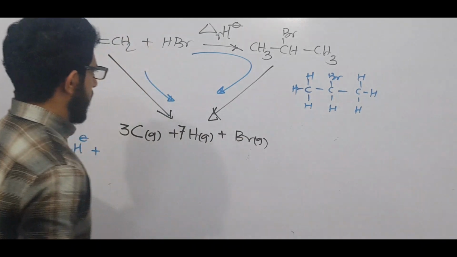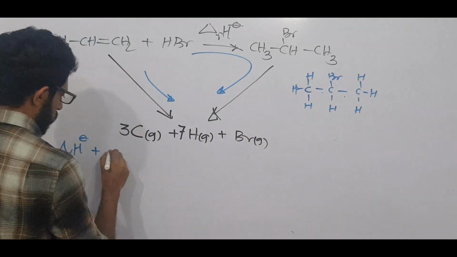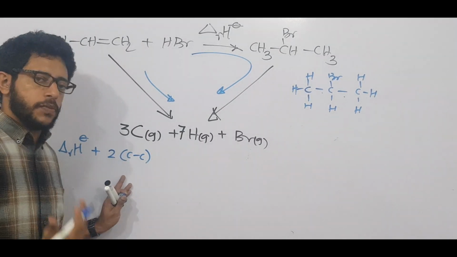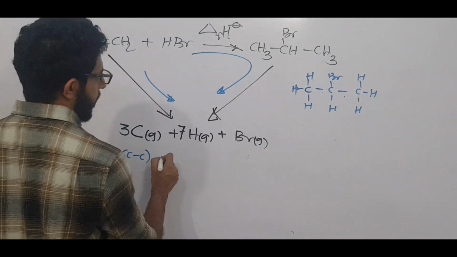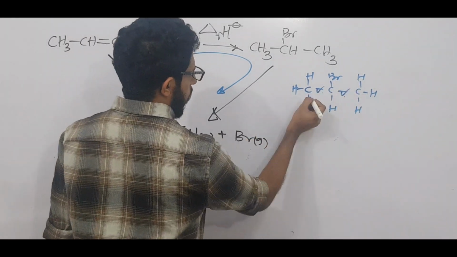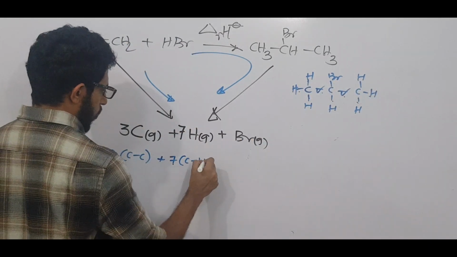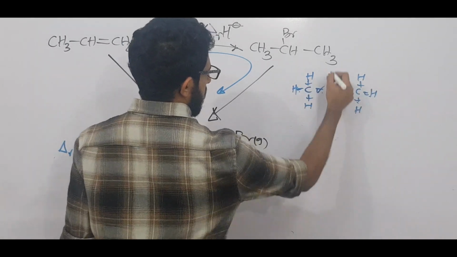What are the bonds? We have 2 C-C bonds, right? Yes, so that is done. 1, 2, 3, 4, 5, 6, 7: 7 C-H bonds, that's also fine. And 1 C-Br.